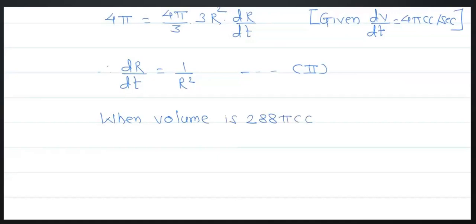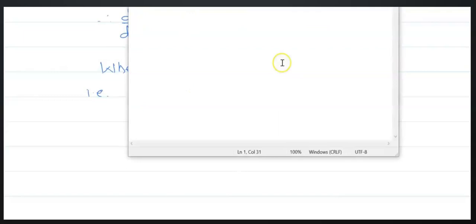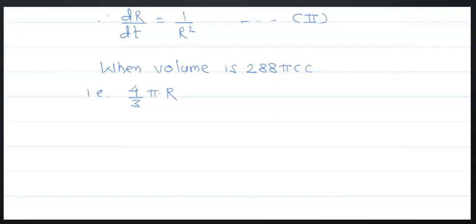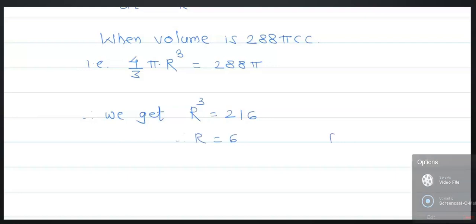When the volume is 288 pi cubic centimeter, that is 4 upon 3 pi r cube is equal to 288 pi. Then what is the radius? r cube is equal to 216. Therefore, r is equal to 6.